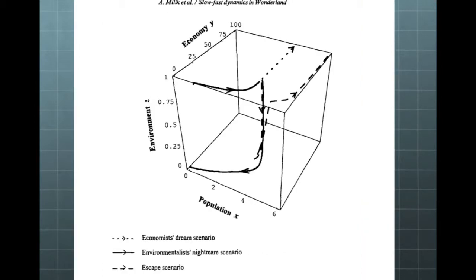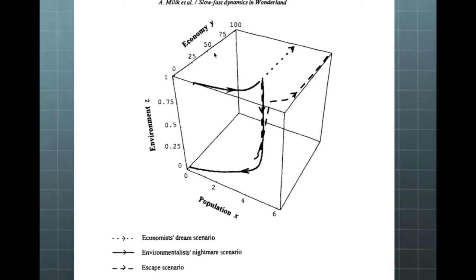One of the things this paper does nicely is that if you think about population, per capita output production, and natural capital, the X, Y, and Z variables plotted over time, you can generate these trajectories.